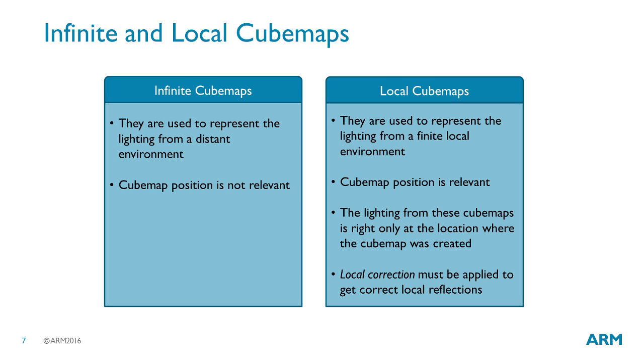The environment we are trying to emulate with the cube map is so far from us that it is not relevant where we are. But in the case of a local environment, it is relevant where the viewer is. You need to take into account where the cube map was rendered, and you need to apply the local correction.